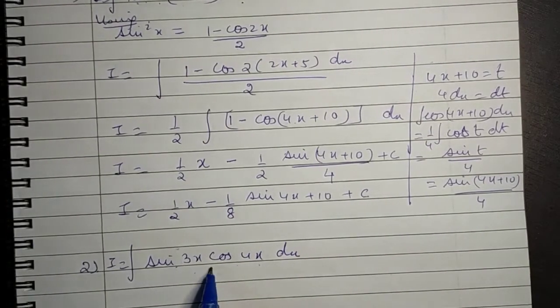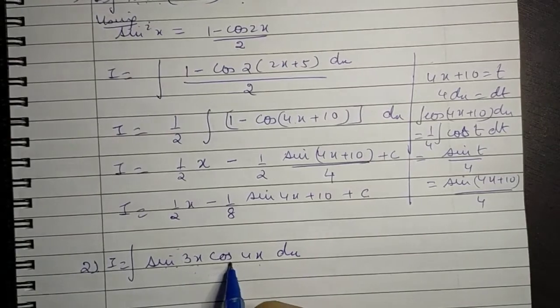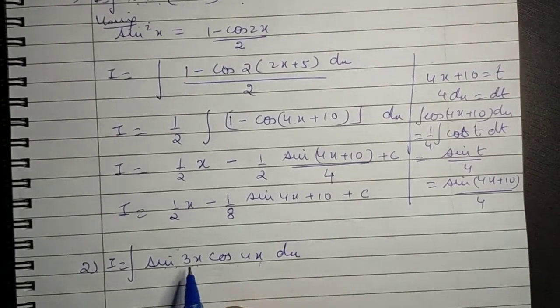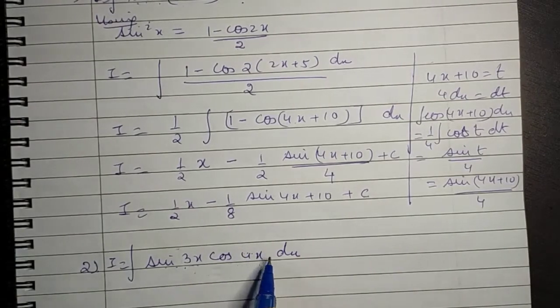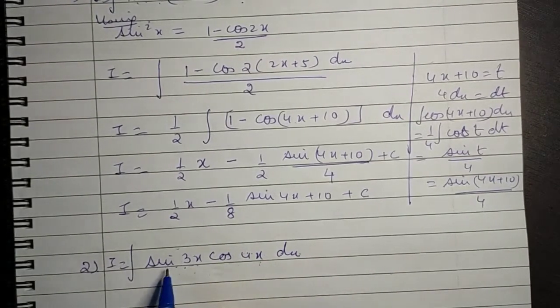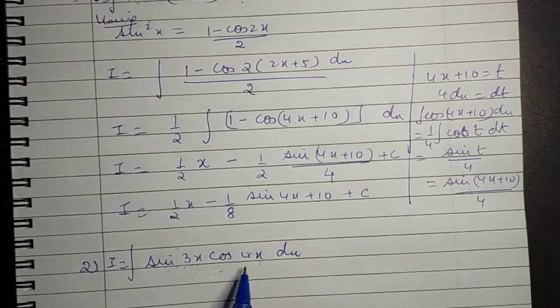Here what we observe is sine acts on 3x whereas cos acts on 4x. So if I put any one of them as t, the other one doesn't get absorbed in dt. So here substitution cannot be used.